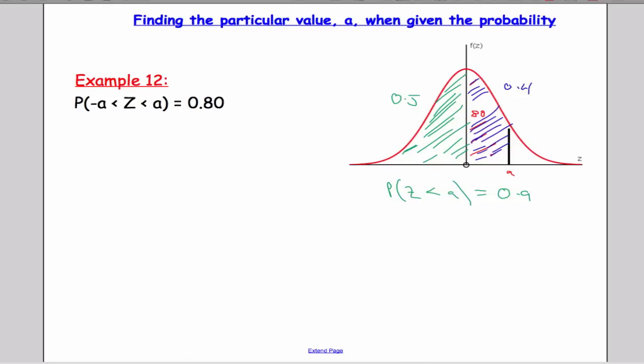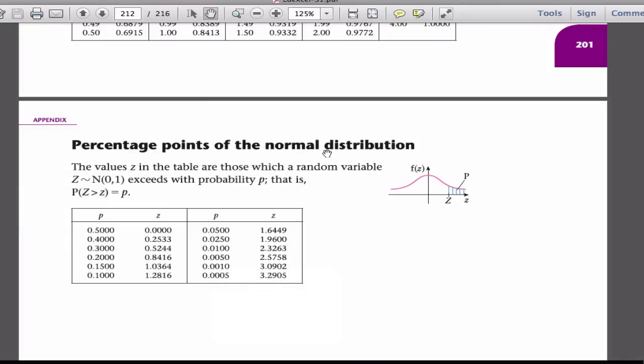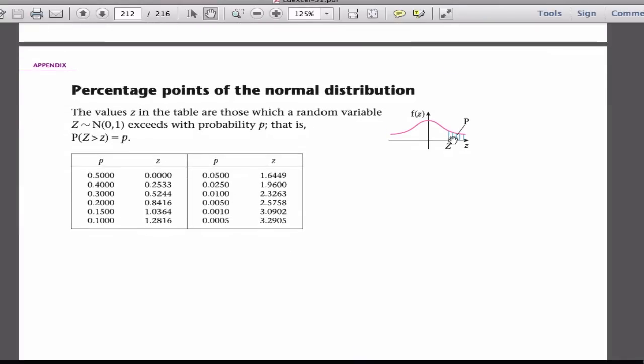Which means that the probability that z is greater than a equals 0.1. So I know that this area in here is 0.1, and if we go back to our table, have I got anything in my percentage points?